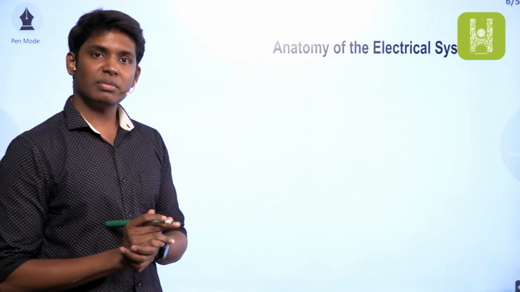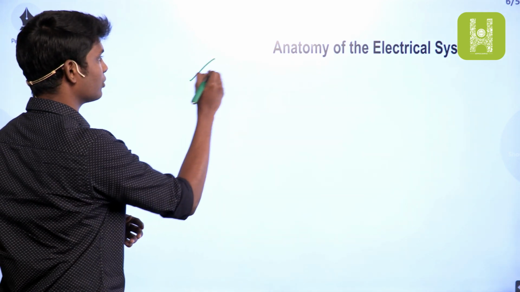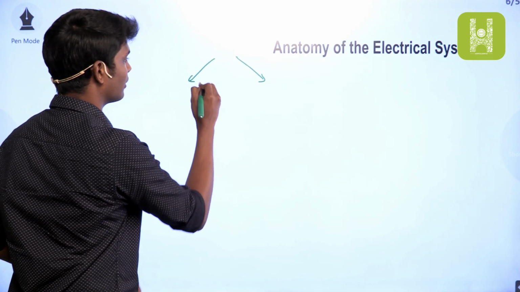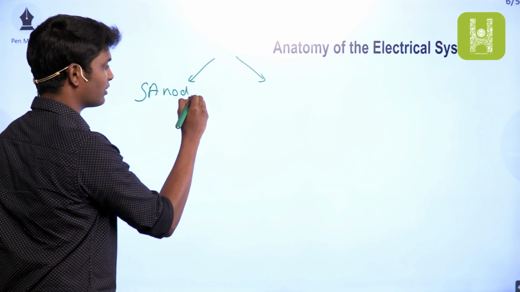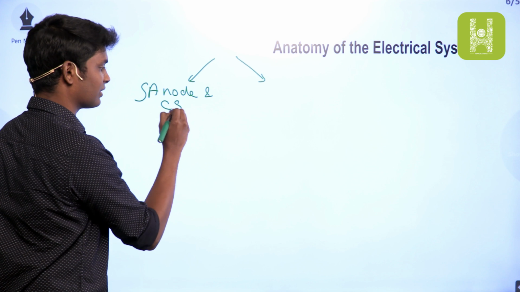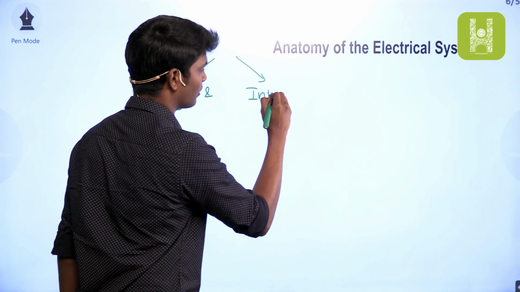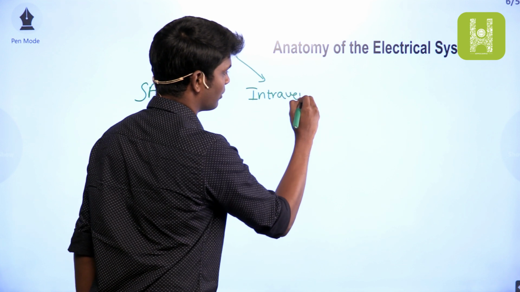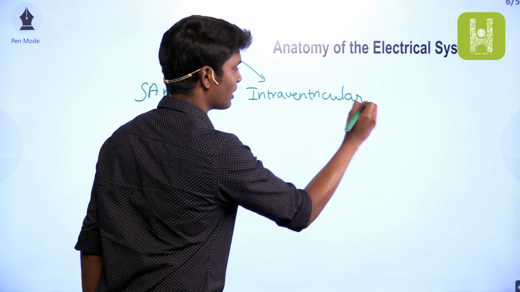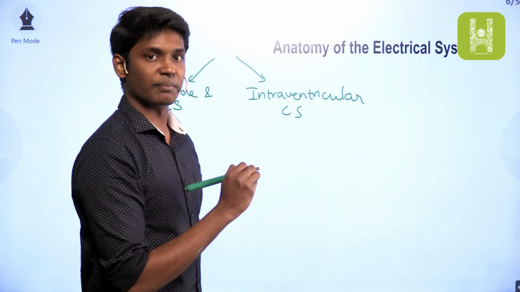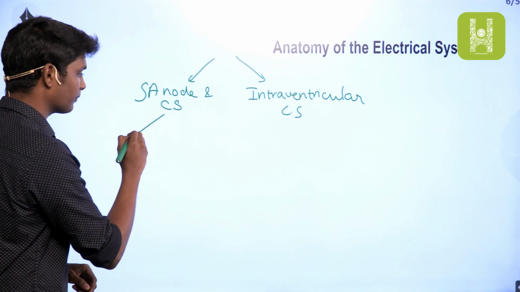So coming to the anatomy of the electrical system of the heart, it can basically be divided into two. The first one is the sinoatrial node and the conduction system, and the next one is the intraventricular conduction system. So the SA node and conduction system contains three parts.